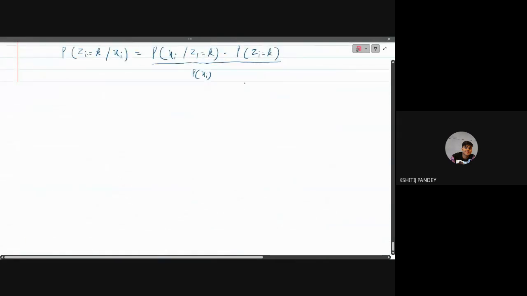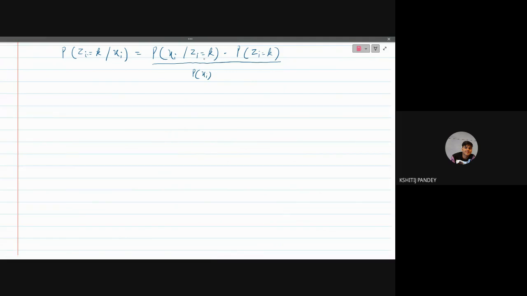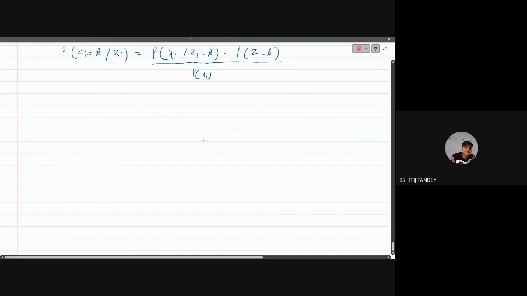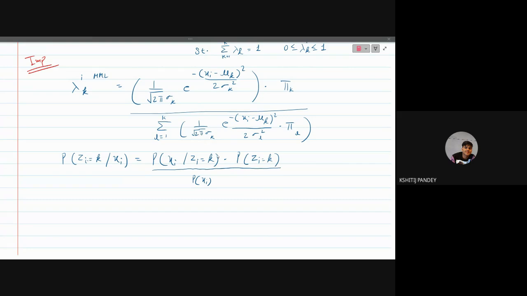The algorithm for this is the EM algorithm, your expectation maximization algorithm. Before that, any doubts so far?